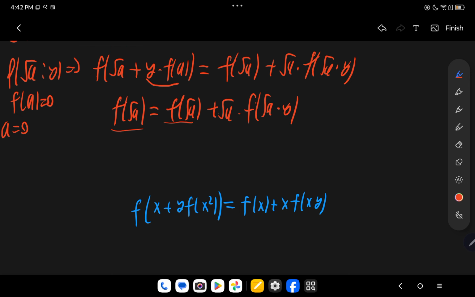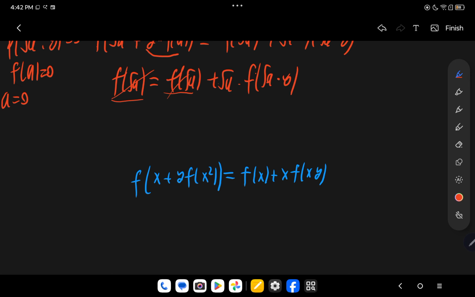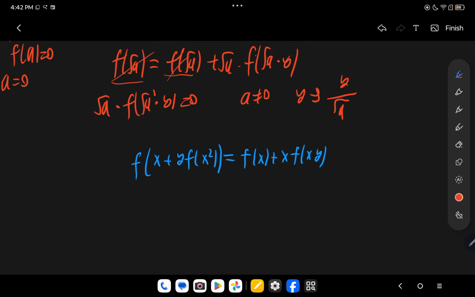These two are the same, so we get square root of a times f(square root of a) times y equals 0. Now if a is not 0, then we can replace y with y divided by square root of a, and we will get f(y) equal to 0, which is a contradiction to our assumption. So we will get that a is equal to 0.